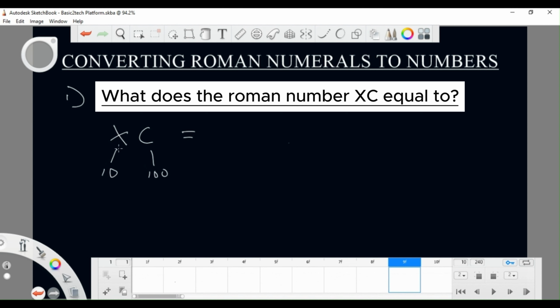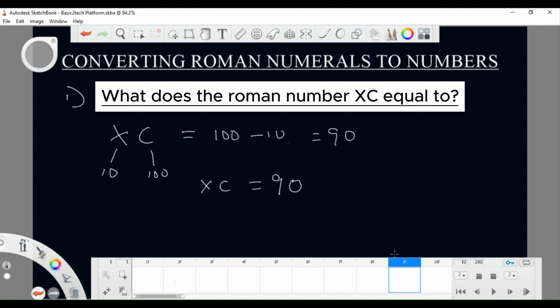When you have the small symbol coming before the large symbol, we subtract the small symbol from the large symbol. So XC becomes 100 minus 10. That gives us 90, which means that XC is equal to 90.